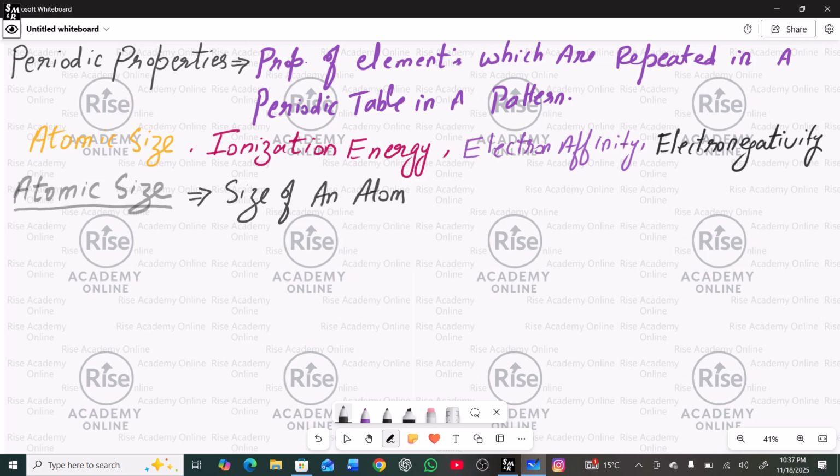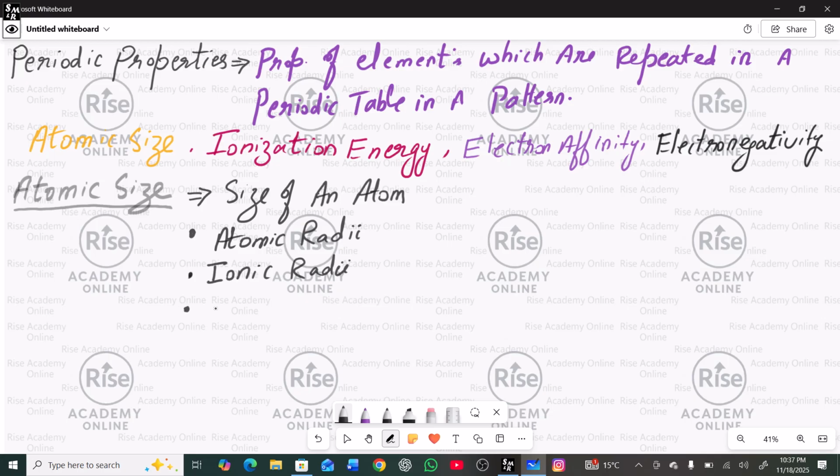Size of an atom can be measured in terms of atomic radius, and the plural is called radii. It may also be defined in terms of ionic radius if the atom is present in the form of an ion.